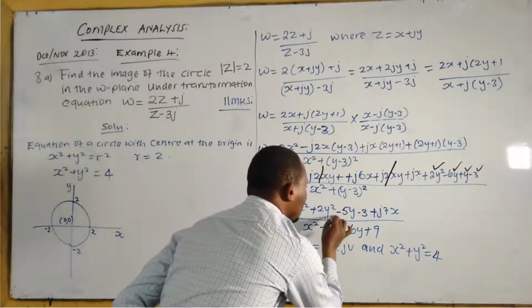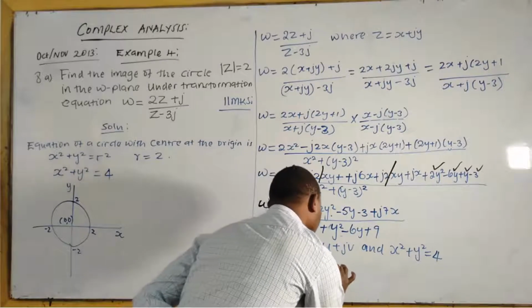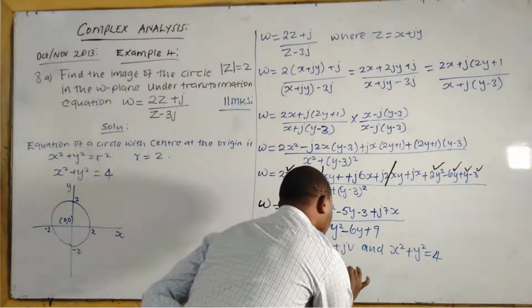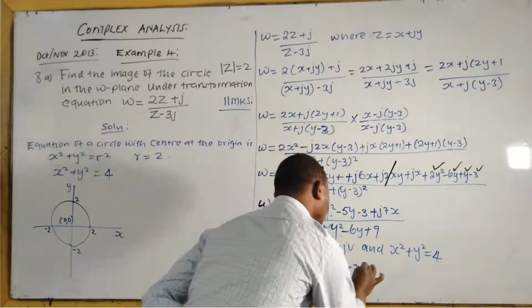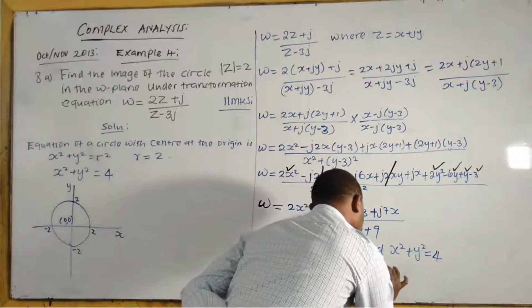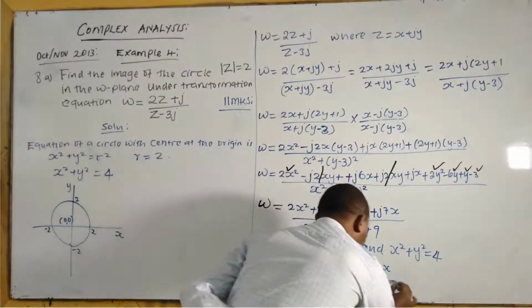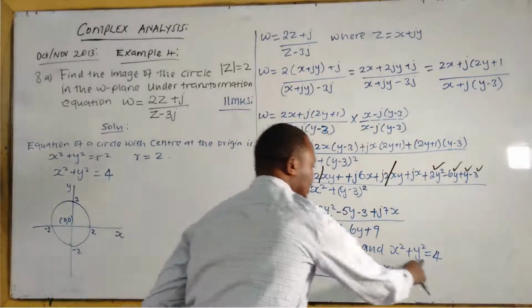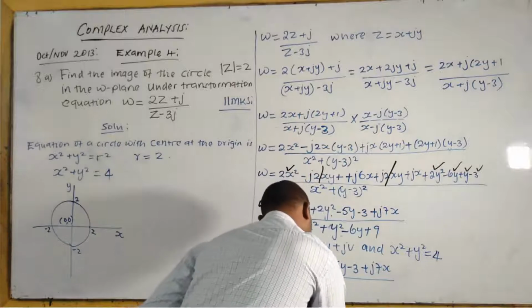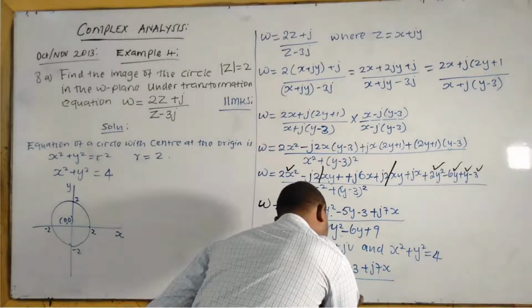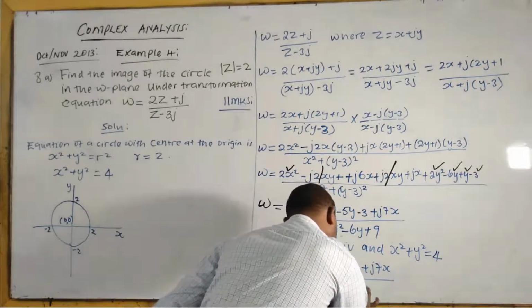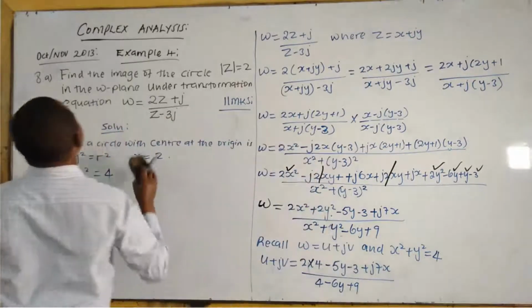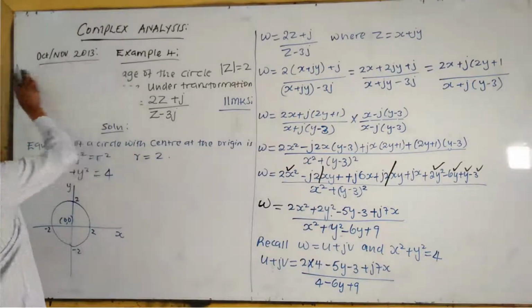So I've gone up to here. Minus 5y minus 3 plus j7x over, we know x squared plus y squared is equal to what? 4. 4 minus 6y plus 9. I think I should remove this now.